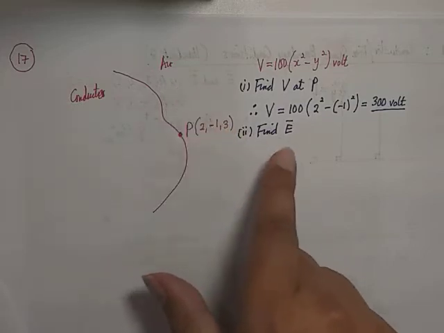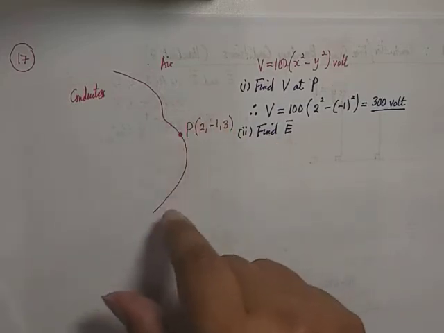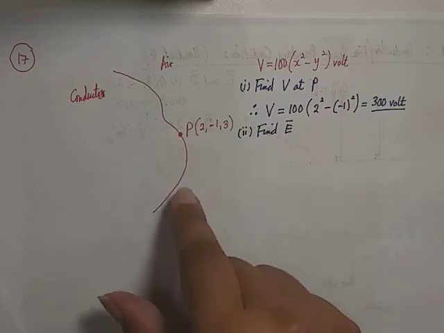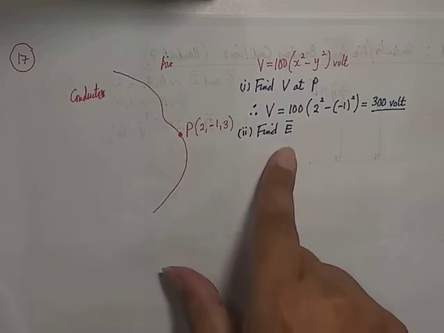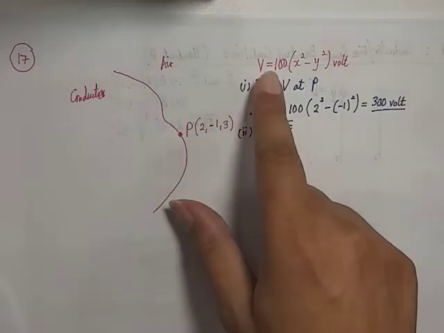So how do we determine the E here? There's no information regarding the charge. To find E using Coulomb's law or Gauss' law, we need the charge distribution, but in this problem none whatsoever has been given. Yet what is given in the question is the potential.